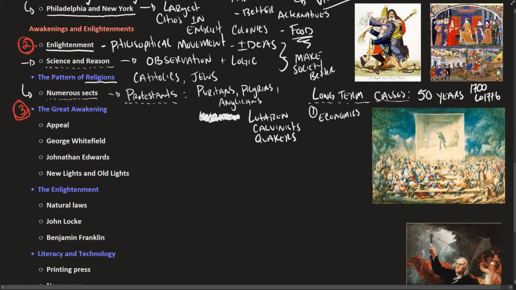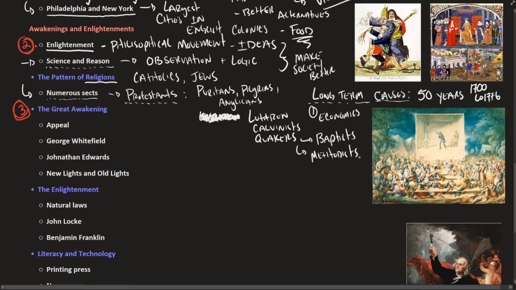So Puritans, Pilgrims, Anglicans, Lutherans, Calvinists, Quakers, and then the two religious groups which are growing the most in number, the Baptists and the Methodists. That's already 8 different groups of Protestants that are significant in the New World.